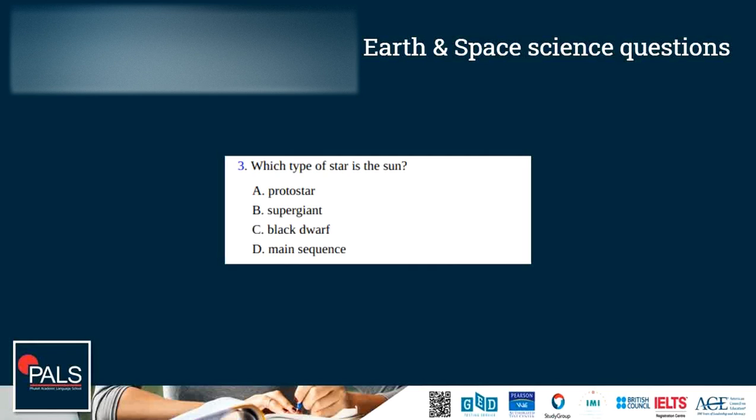Main sequence stars are stars that are in basically the normal phase of their life cycle. Most stars in the universe are main sequence stars. It's the stage after a protostar. The characteristic of a main sequence star is that it is hot enough to start fusing hydrogen into helium.